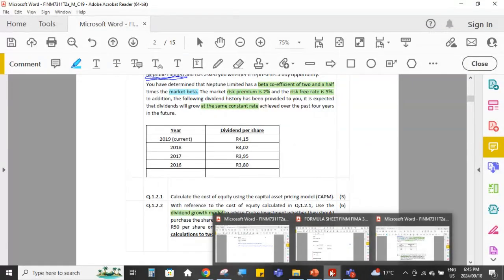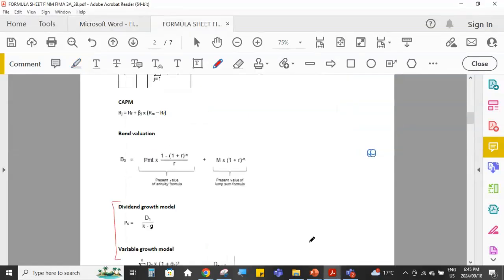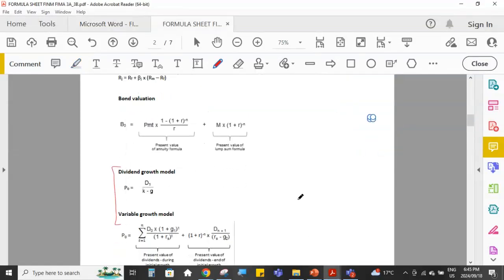So our dividend growth model for constant growth is P0, and remember P0 is the price of one share, the price at time zero. So P stands for price, and that little zero stands for today, current. The price today of the share is equal to D1.